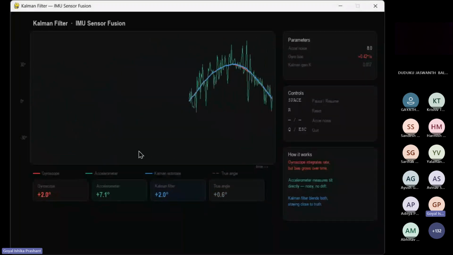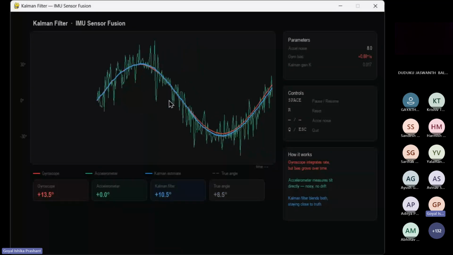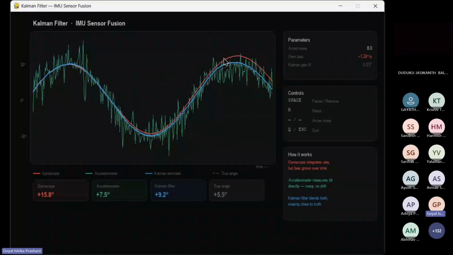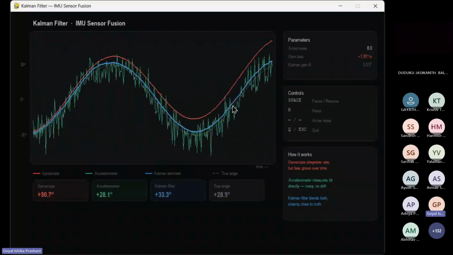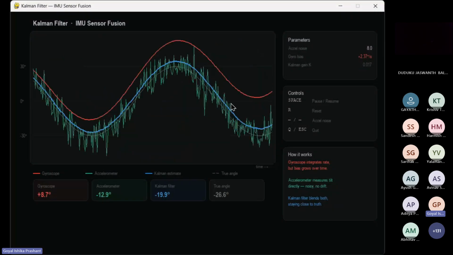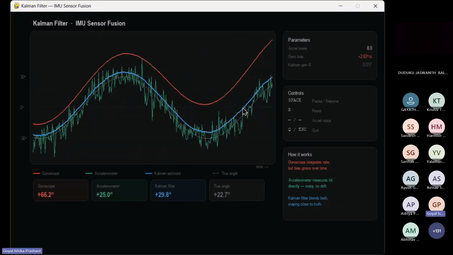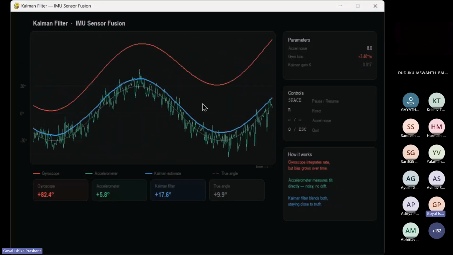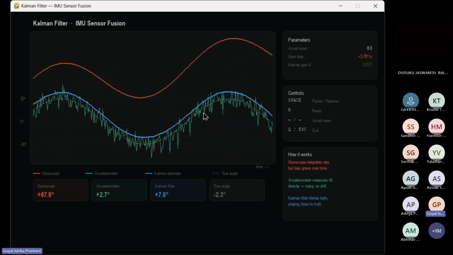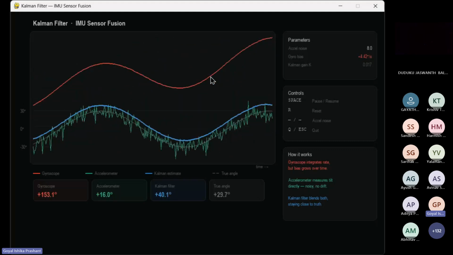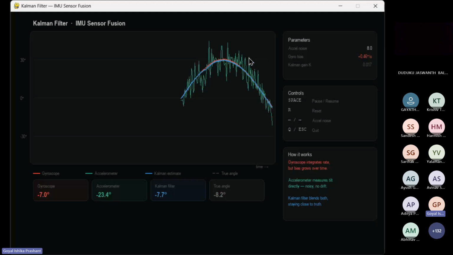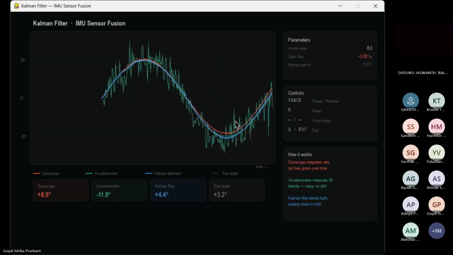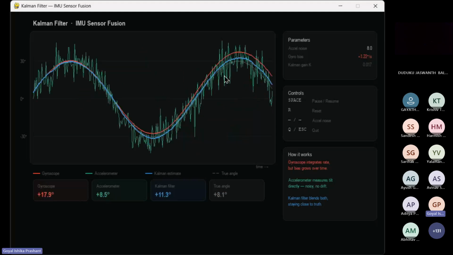Now, looking at the green part, the accelerometer readings stay close to the true reading, but because it's so noisy, it's hard to determine one value from all the readings that we get. So this is where the Kalman filter comes into place. It combines this data from the gyroscope and all this noisy data from the accelerometer and gives us a very close estimate to our true angle.